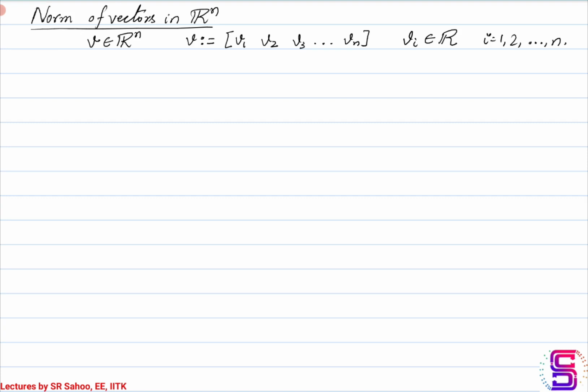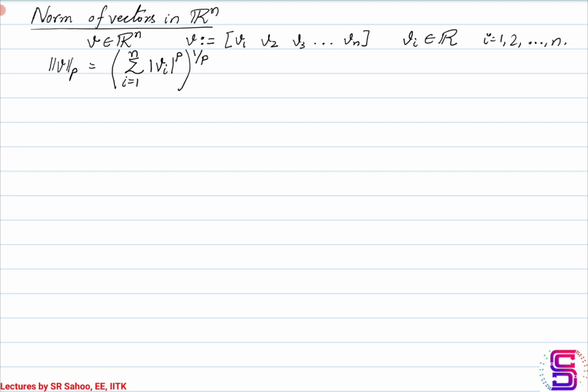The coordinates will be with respect to some axis. The norm or the p norm of this vector V is defined as the following. You take the absolute value of individual components and raise it to the power p, then you add these values that you have obtained and take the pth root.